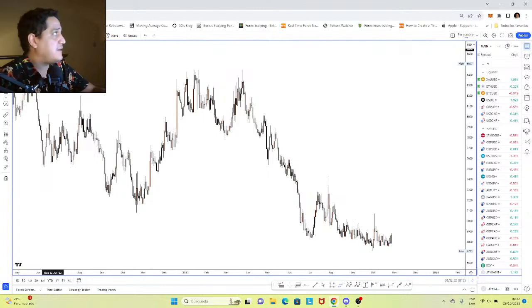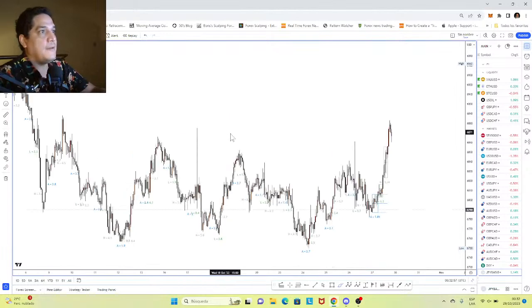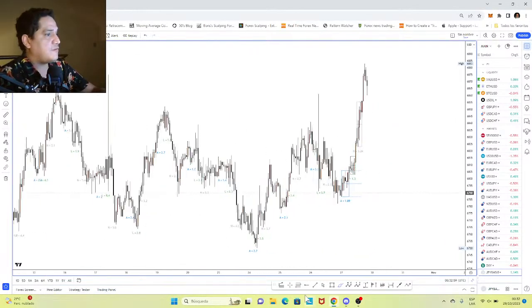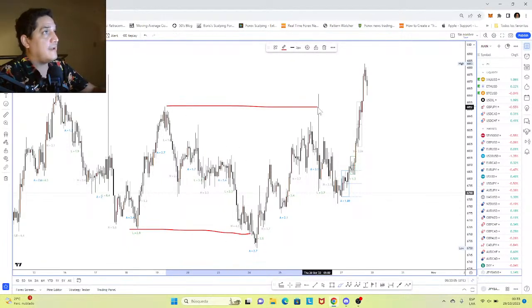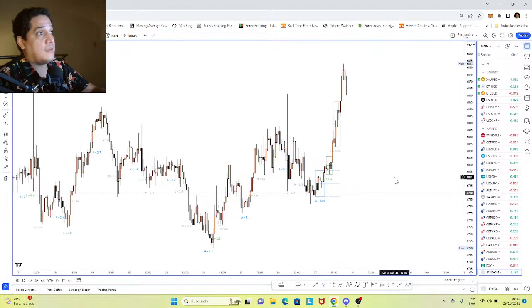I'm not the kind of trader that is going to call a bottom in the market. Absolutely not. But what I'm seeing right now is this: if you look at the structure in this market, a sweep of the lows, then a break of the highs. This is what I call a market structure shift.